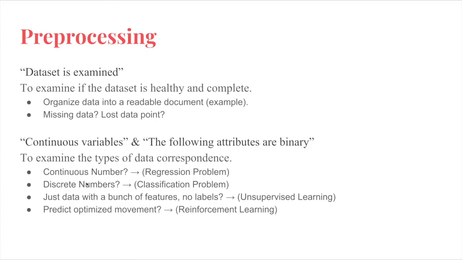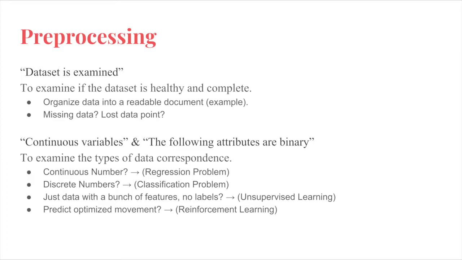The second kind of variable is called discrete numbers, such as what the weather is tomorrow. It's either going to be sunny, rainy, cloudy, or gloomy, or those kinds of things. The reason why it's discrete is because there are discrete numbers describing each situation.